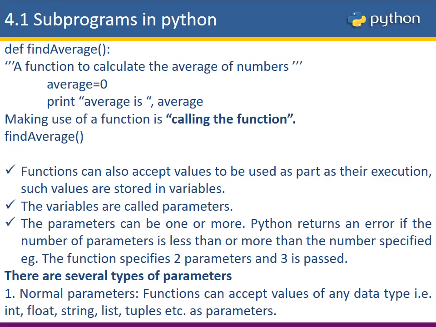And it told us that the block of code will always start with the triple quote and end with the triple quote, which is a string of words. So a function to calculate the average of numbers, starting with the triple quote and ending with the triple quote. Then average equals 0, print average is, comma, average.